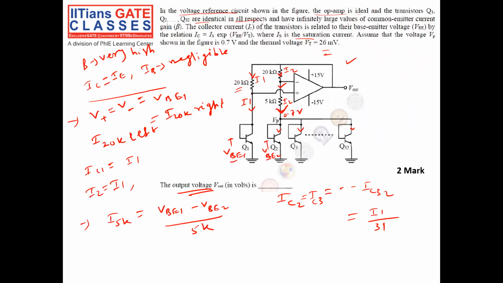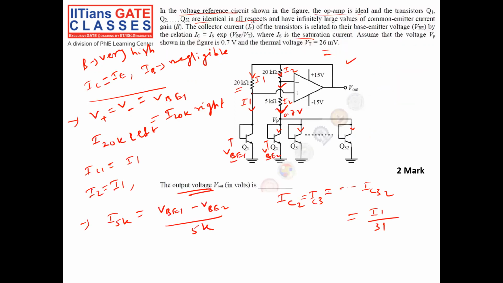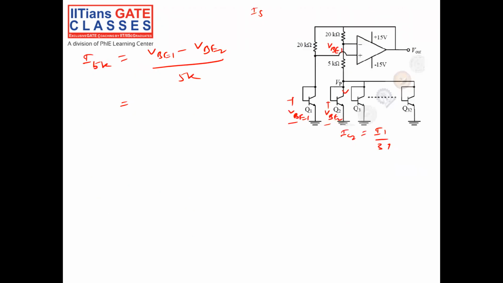So what is VB1? Since IC is equal to IS times exponential of VB by VT, IC1 is equal to IS exponential of VB1 by VT. So VB1 will be equal to VT ln IC1 by IS.